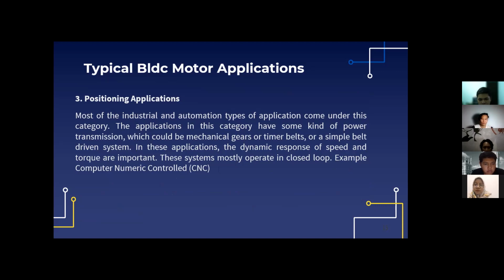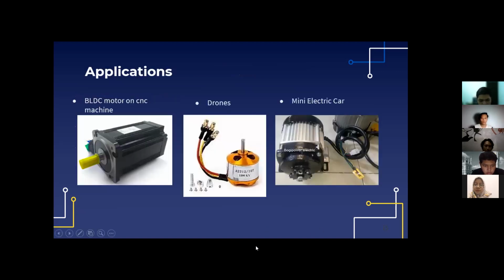In these applications, the dynamic response of speed and torque is important. The system mostly operates in closed loop. For example, computer numerical control, or CNC.